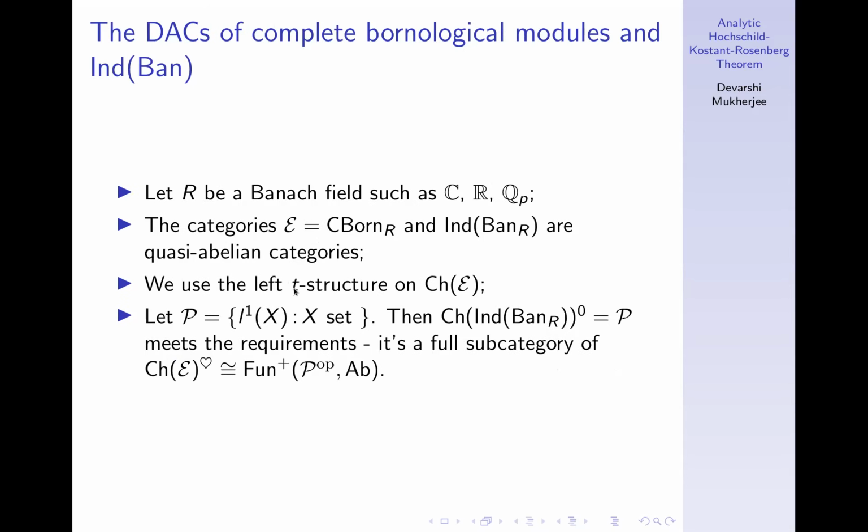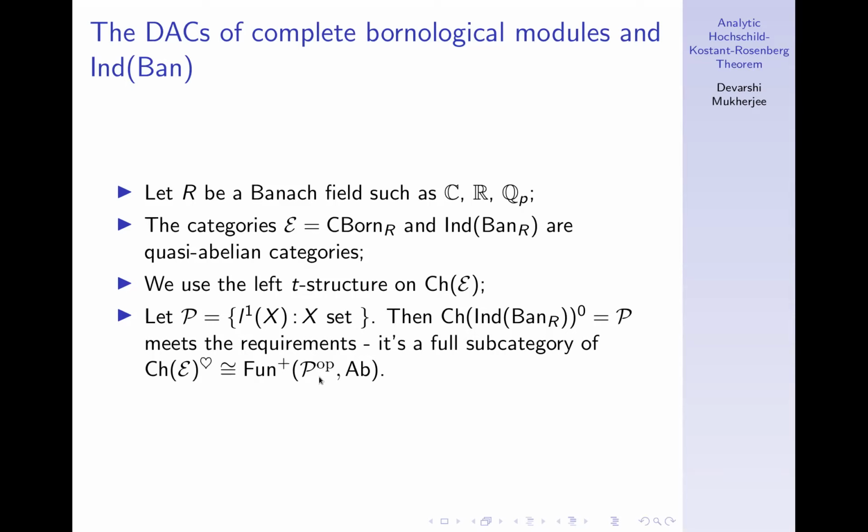Okay, so if you have this left t-structure on this category, and you take its heart, which is just the intersection of the two t-structures, then that's an abelian category. In fact, in this case, it's given very concretely by additive functors from this collection to the category of abelian groups, where this collection is given by precisely the projective objects in this category.